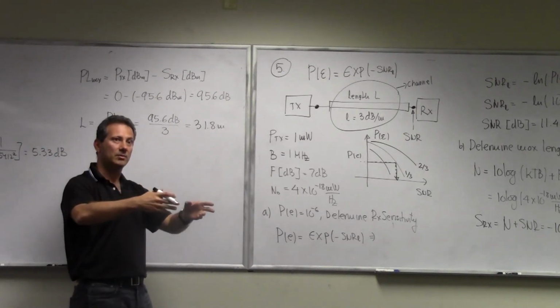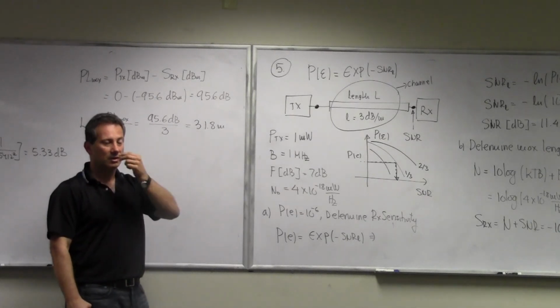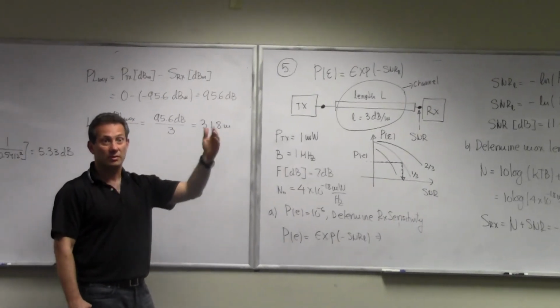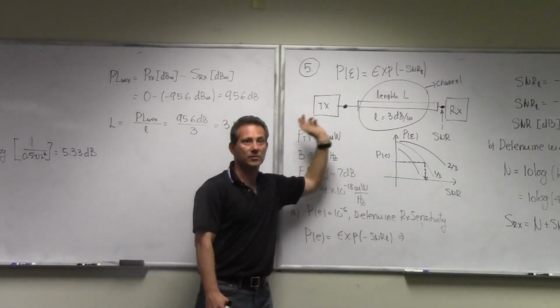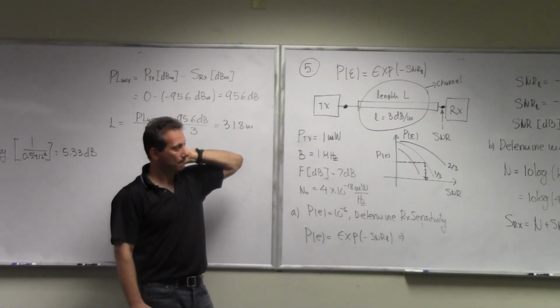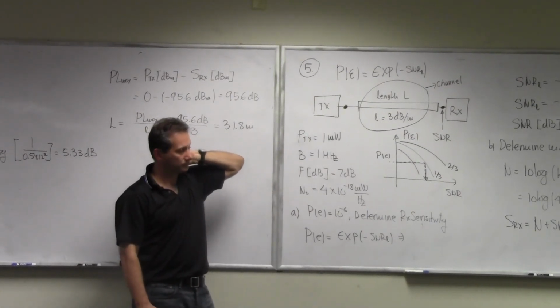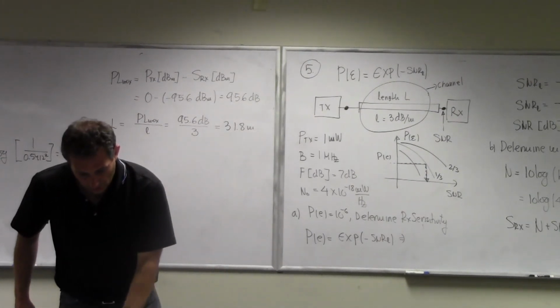Then you calculate what the power needs to be, or actually power over N0 over 2, the signal-to-noise ratio, and from there you can go backwards.